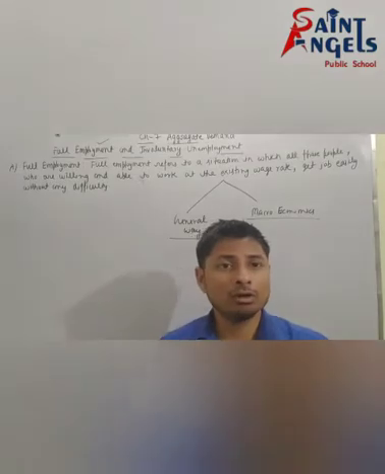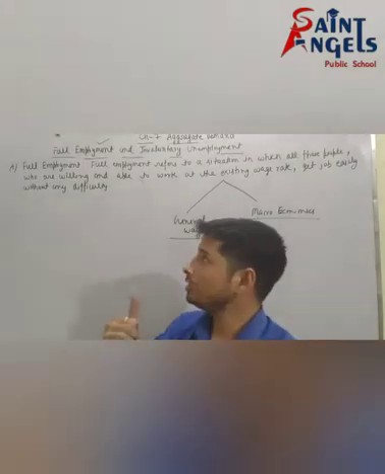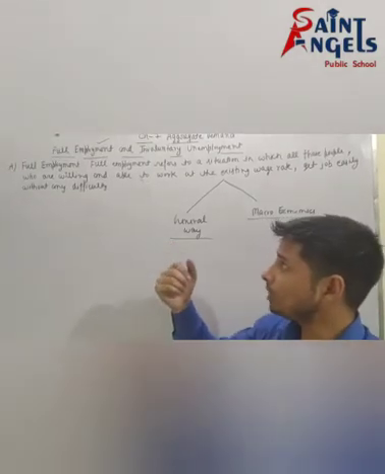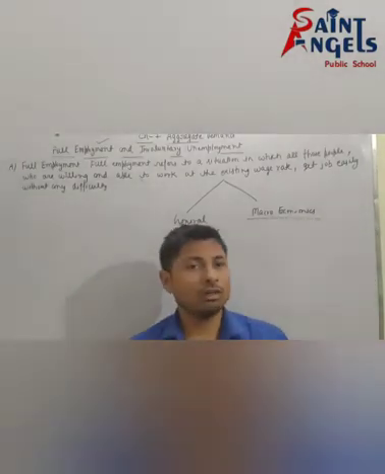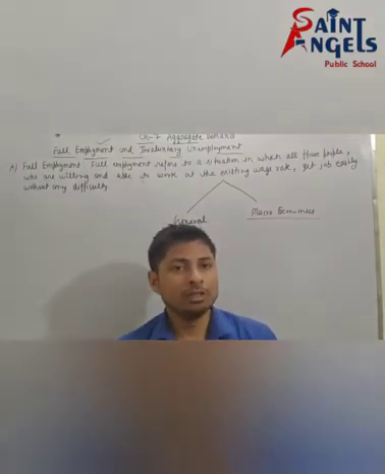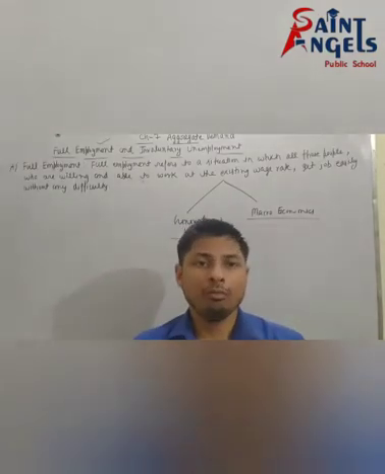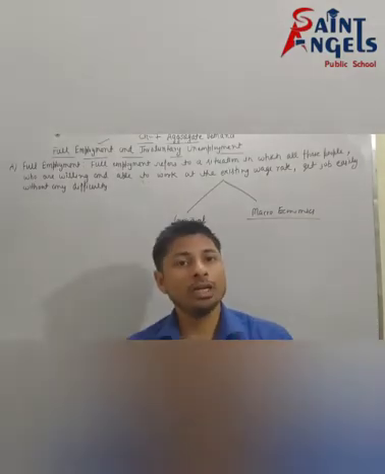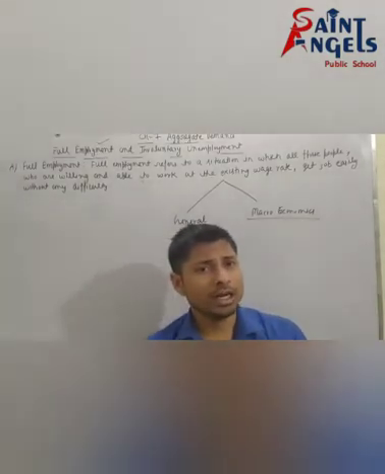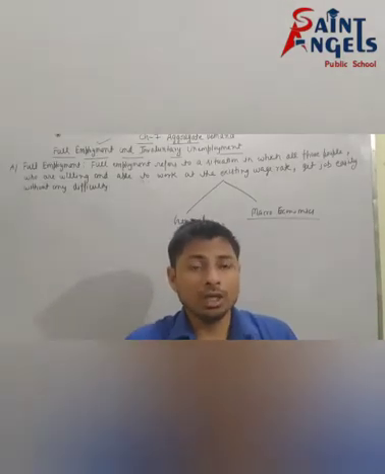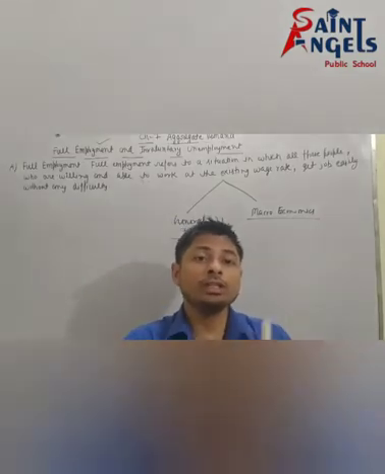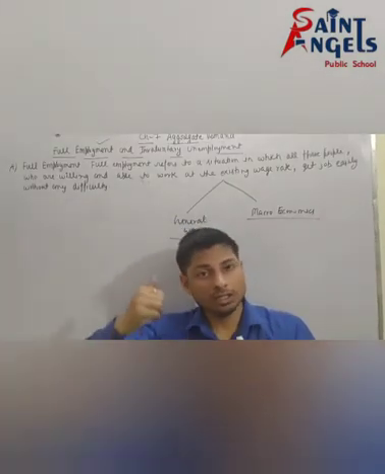I am explaining the meaning of full employment in a general way: there is no unemployment, zero unemployment or cent percent employment. It means everyone gets work, and demand for labor is equal to its supply.